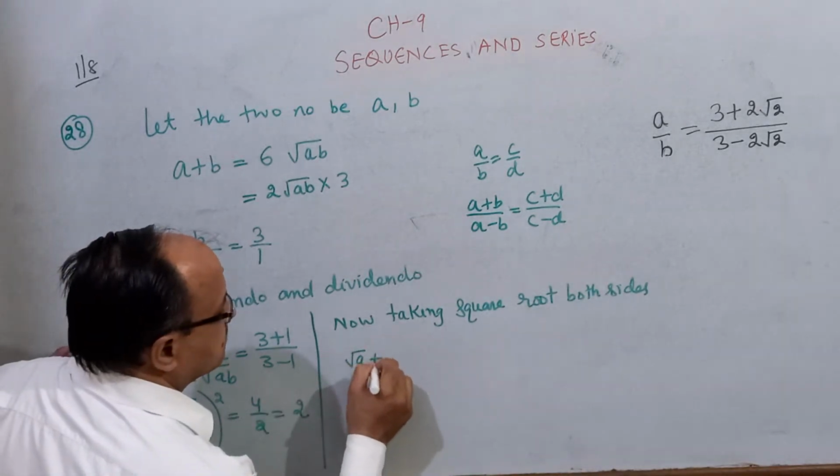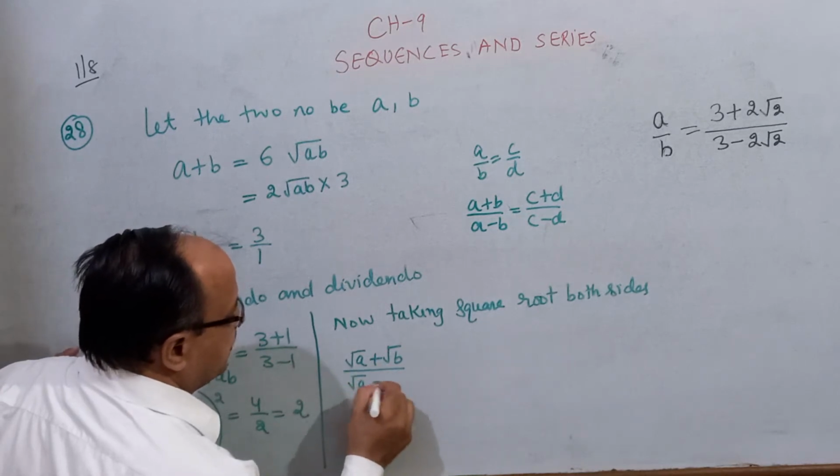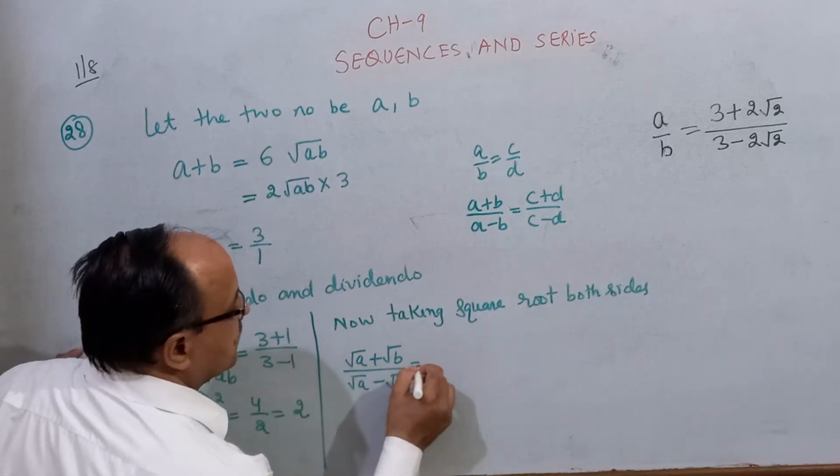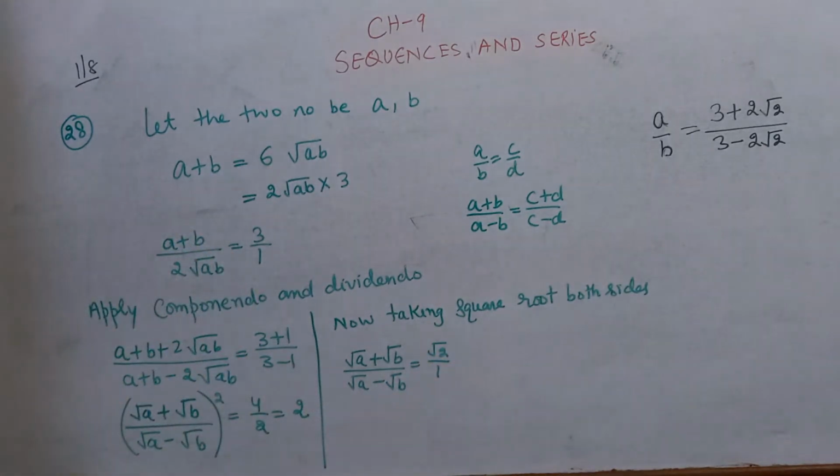Root A plus root B upon root A minus root B is equal to root 2. When you take the square root here, then this term will cancel and root 2 is here. Correct?